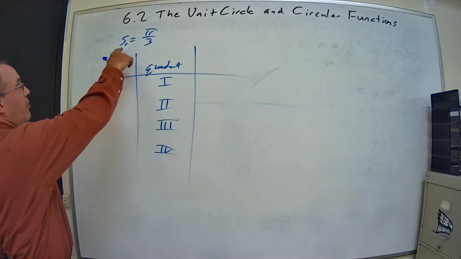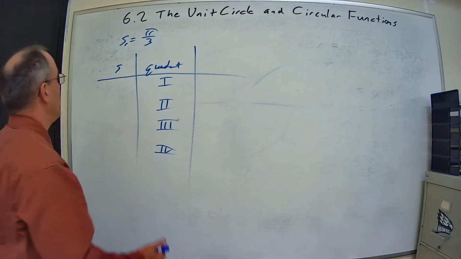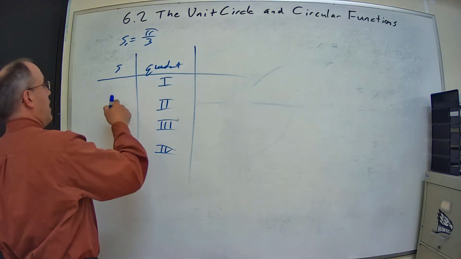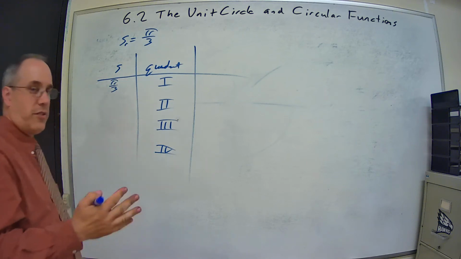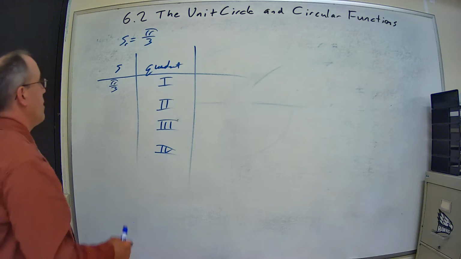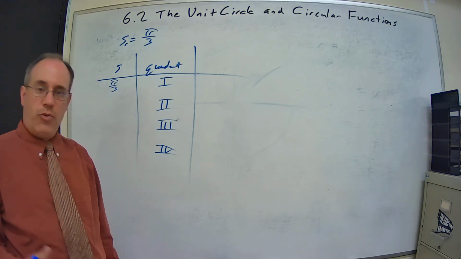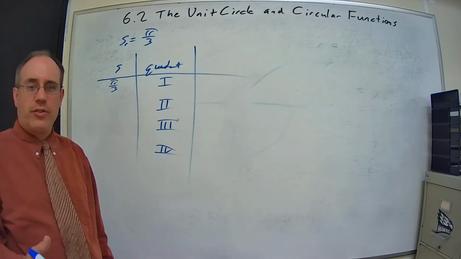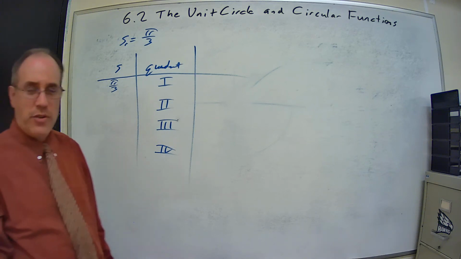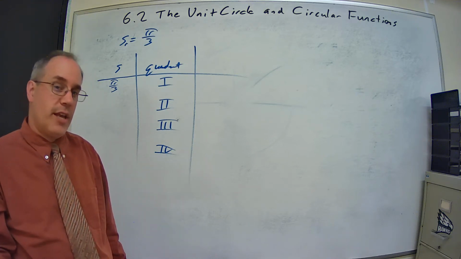Well, starting out, if the reference angle is pi over 3, then S in the first quadrant is going to be pi over 3, because the reference angle is always the angle in the first quadrant. In the second quadrant, remember, the angle in comparison to the reference angle is 180 degrees minus the reference angle.